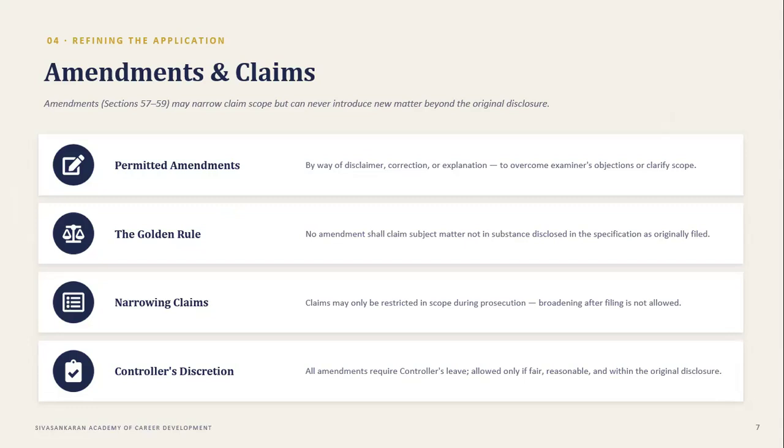The presentation also emphasized that amendments require the controller's leave and must remain fair, reasonable, and within the scope of the original disclosure. Therefore, patent drafting at the initial filing stage is extremely important. A poorly drafted original specification can significantly restrict the applicant's ability to amend their claims later.